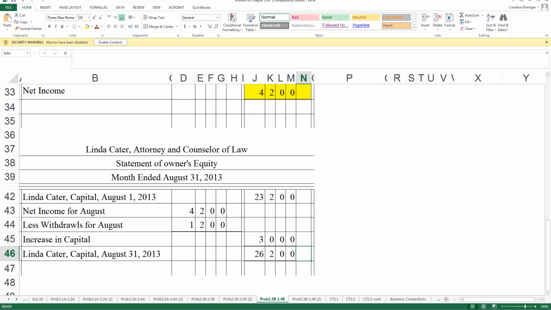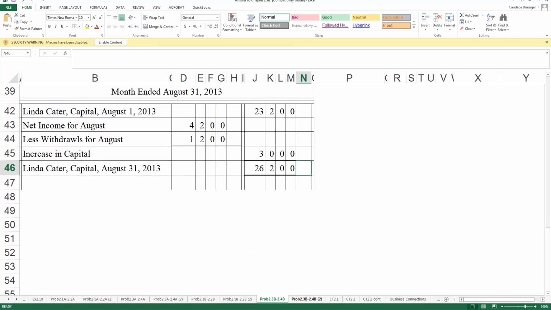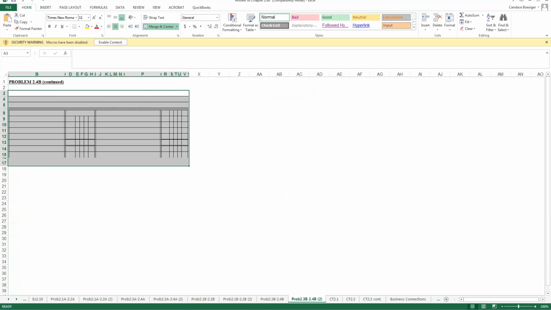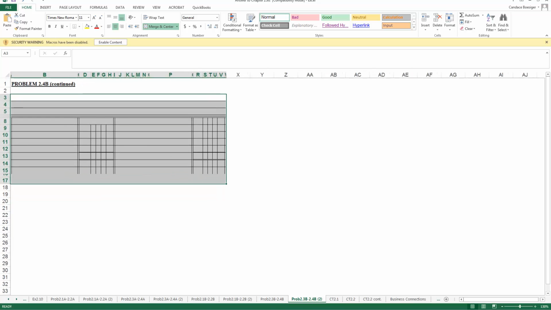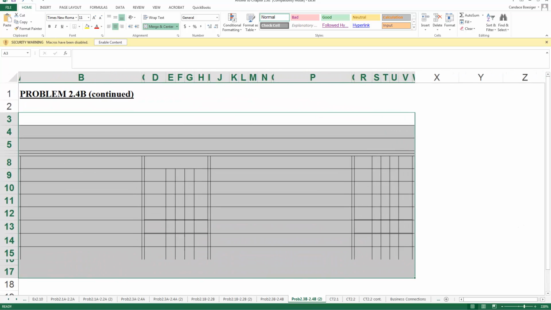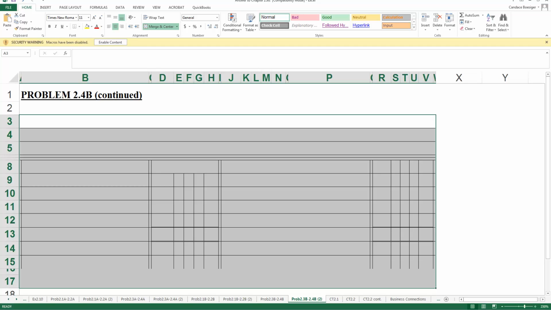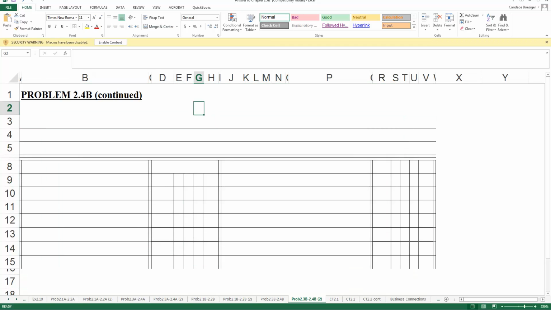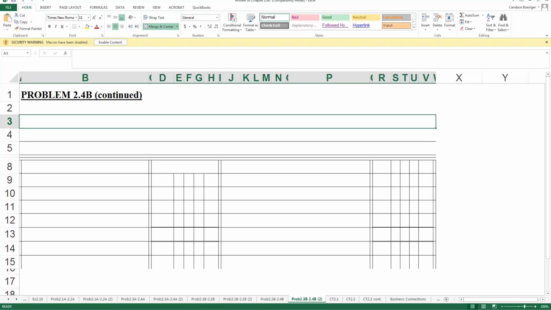And now I have to go to a different tab, but I believe you get to stay on the same page for the balance sheet. Let me make this bigger. Now let's prepare the balance sheet based on the information that's on this sheet.